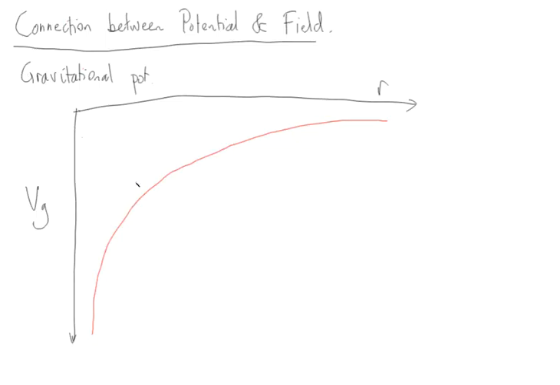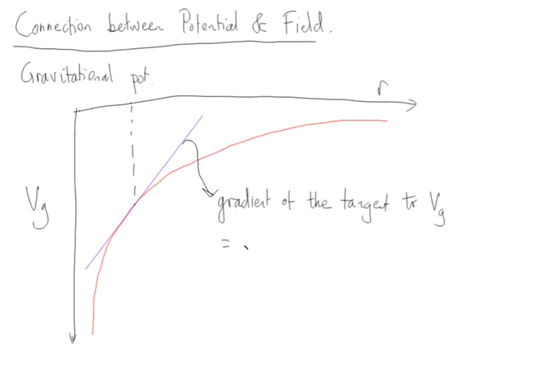Now if we take a particular point at a certain distance r from the mass, and we put a line at a tangent to this point here, then the gradient of the tangent to the gravitational potential curve equals the magnitude of the gravitational field strength.